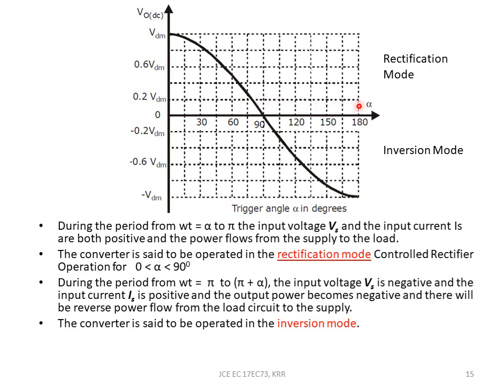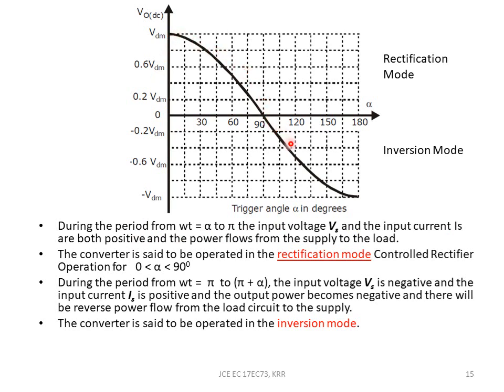Whenever I am getting a positive voltage at the output, that is when alpha is less than 90 degrees, I call that the rectification mode. And when alpha is greater than 90 degrees till 180 degrees, I am always getting a negative value. I call it the inversion mode. So just going through this, during the period when omega t is equal to alpha to pi, the input voltage Vs and the input current are both positive, right? Here both voltage and current are positive.